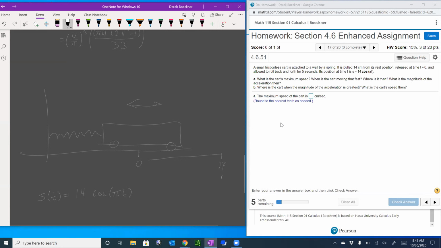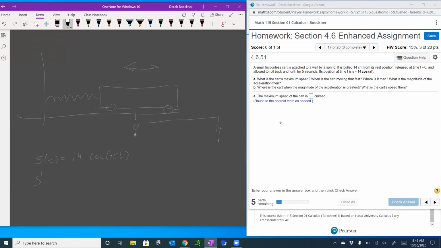Maximum speed. Well, just thinking about it, it's going to accelerate until the spring hits the rest position, and then the spring is going to be compressing and sort of decelerating it. So it should be going the fastest at 0. Right? So we can show that by showing that s prime of t is equal to 14 pi sine of pi t with a negative on it, probably.